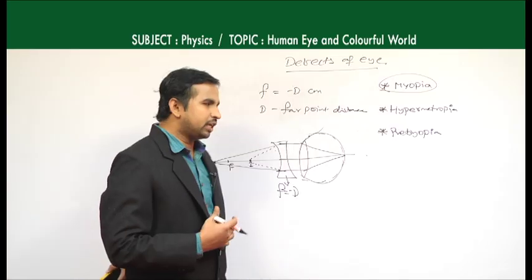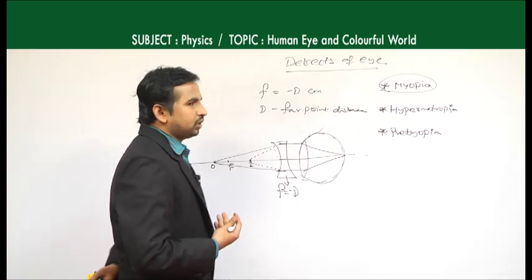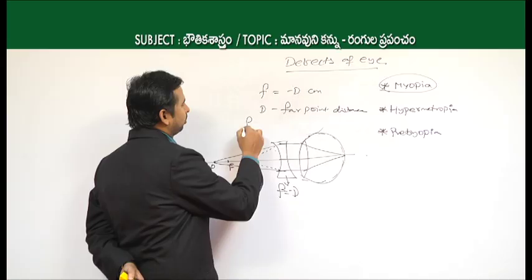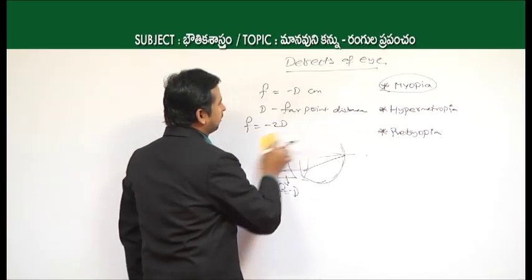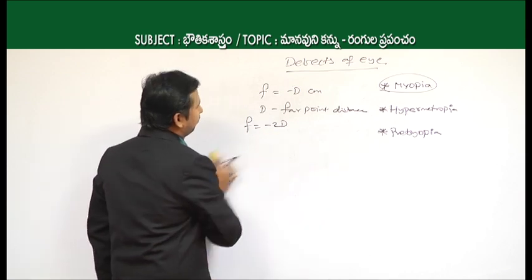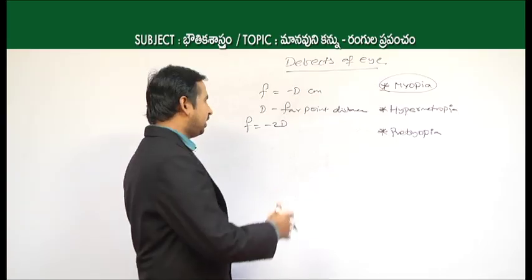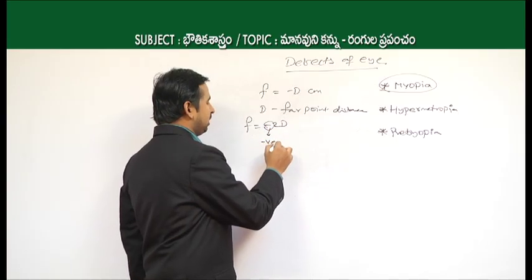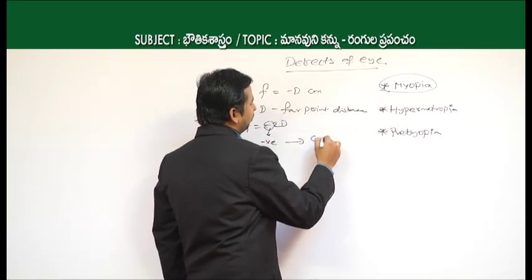Say, for example, in the exam they will ask like this: if the doctor recommended a lens with power equal to minus 2D, then which type of defect is that person suffering from? Here the main important thing to see is the sign. The sign given is negative, and this negative is meant for the case of a concave lens only.